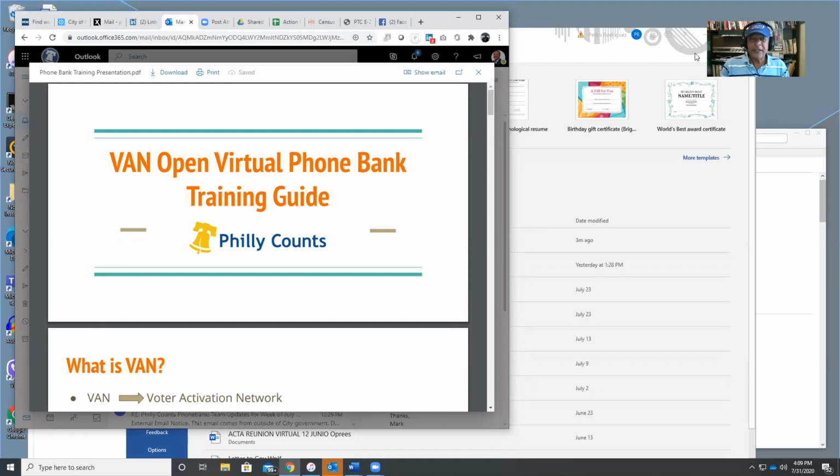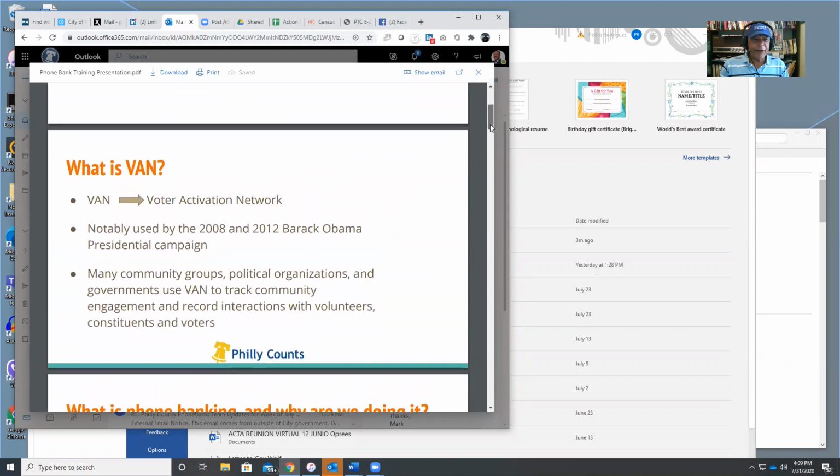VAN is actually an acronym for Voter Activation Network. It was first developed during the first Obama campaign, 2007, 2008. They used it to recruit volunteers, train volunteers, do fundraising, and manage volunteers and staff.